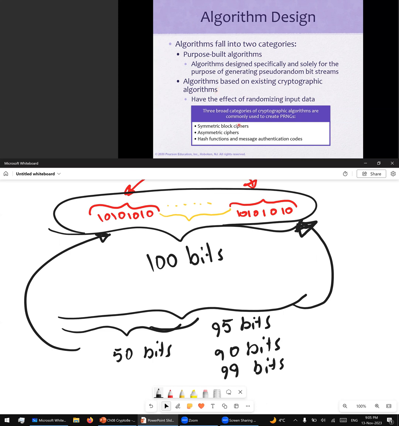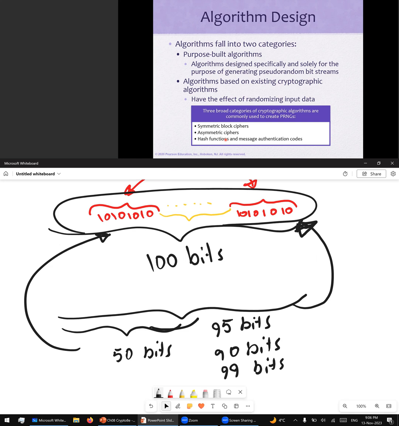So that's why here we have symmetric block ciphers. We can also use asymmetric block ciphers, hash functions and message authentication codes. We'll get to those in the next few chapters, and you'll see what those things are and how they can be used. But for now, I'm not going to talk about them, but yes, they can also be used as a PRNG.